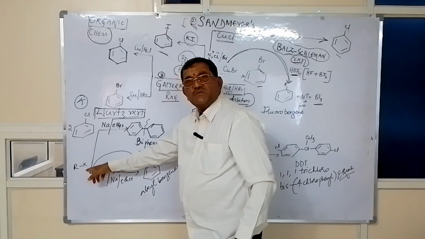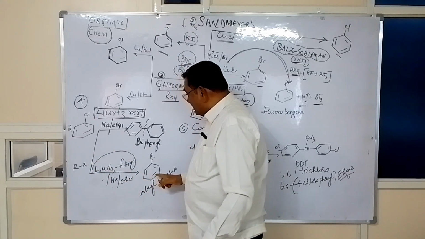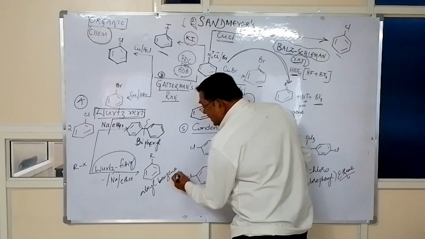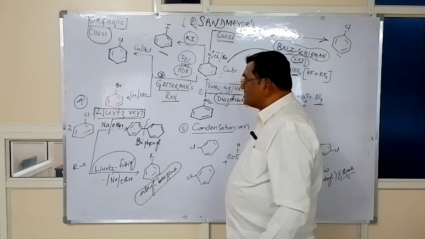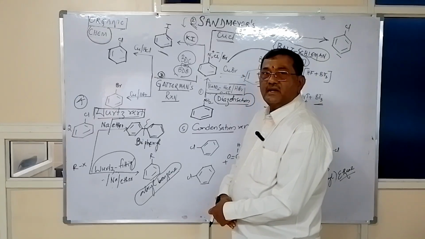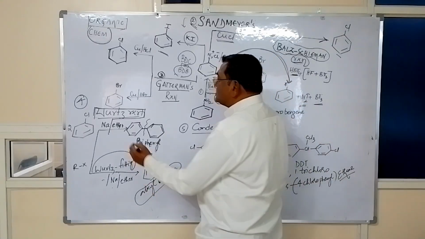When you treat chlorobenzene with RX, you are going to get alkyl benzene. That's known as the Wurtz-Fittig reaction. So like this, another part is also completed.